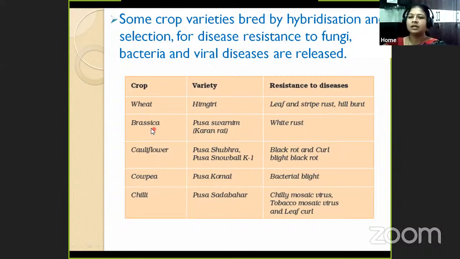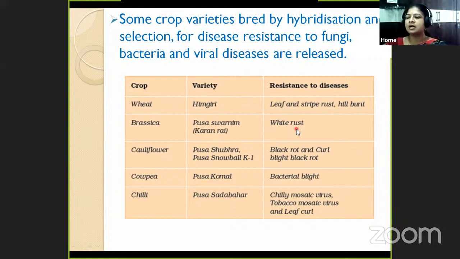Next, coming to the other crop, that is Brassica nigra, that is mustard plant. The new variety is Pusa swarnim, that is karan rai. Rai is the common name of mustard. In Brassica nigra, the new disease-resistant variety is Pusa swarnim, which is resistant to white rust disease.